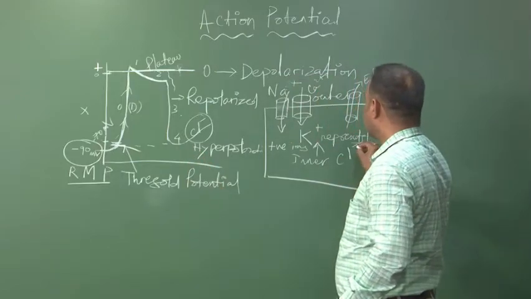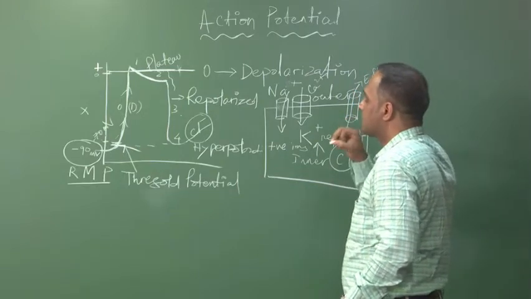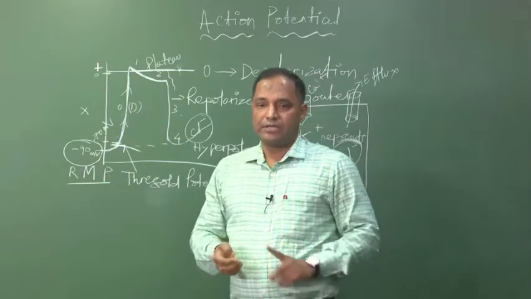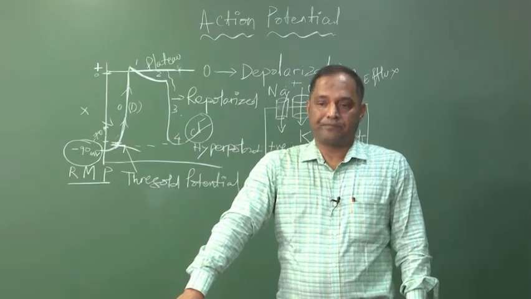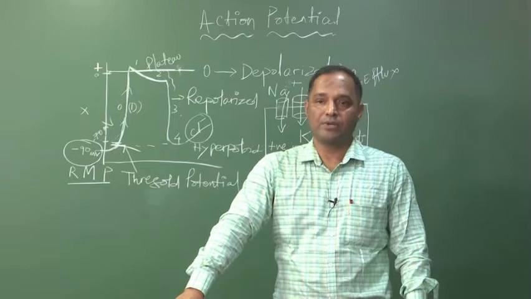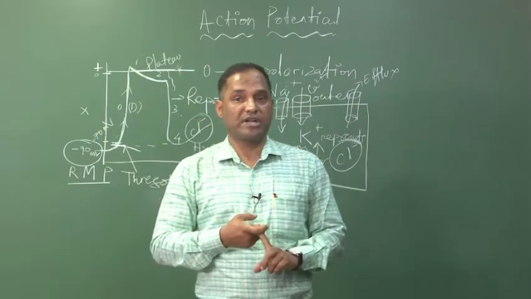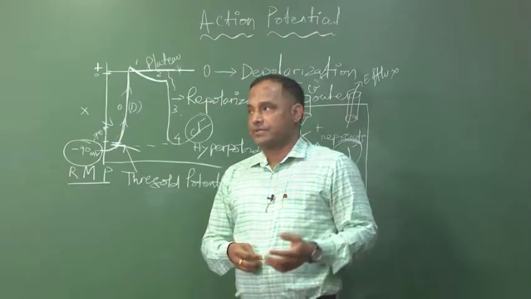So this is done as hyperpolarization. Here one more thing is there, that is the enzyme. The sodium potassium ATPase enzyme has the biggest role in making this hyperpolarization, with the release of chloride into the cell. So this one is the fourth phase.